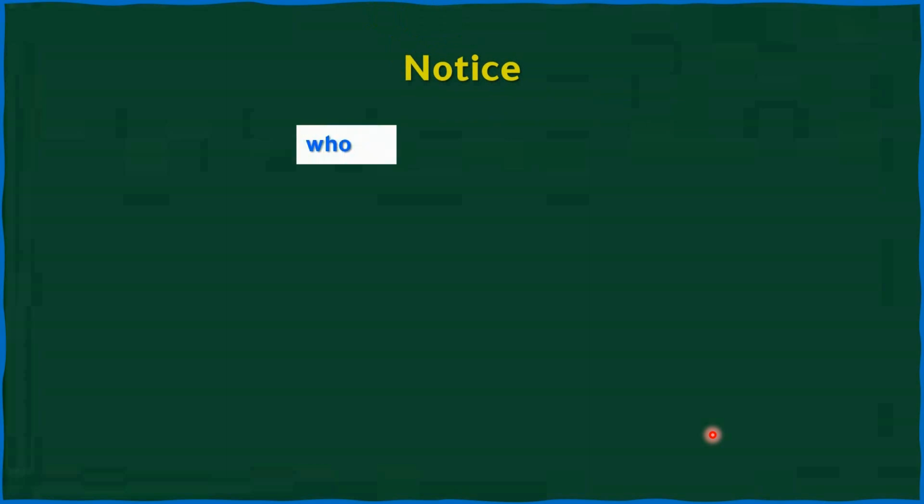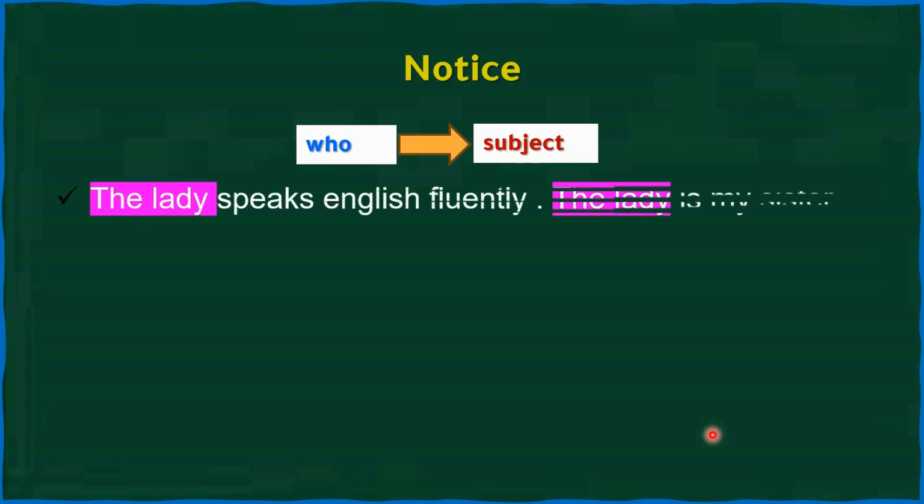While talking about relative clauses, we pay attention to two points. The first is who. It indicates the subject of the sentence. It replaces the subject of the sentence and not the object. For example, the lady speaks English fluently. The lady is my sister.